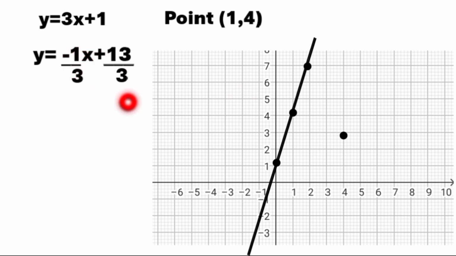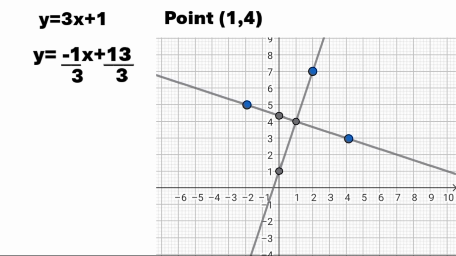Connecting this line, this is not really to scale, so we can have a more precise picture, and this is now the more accurate graph.